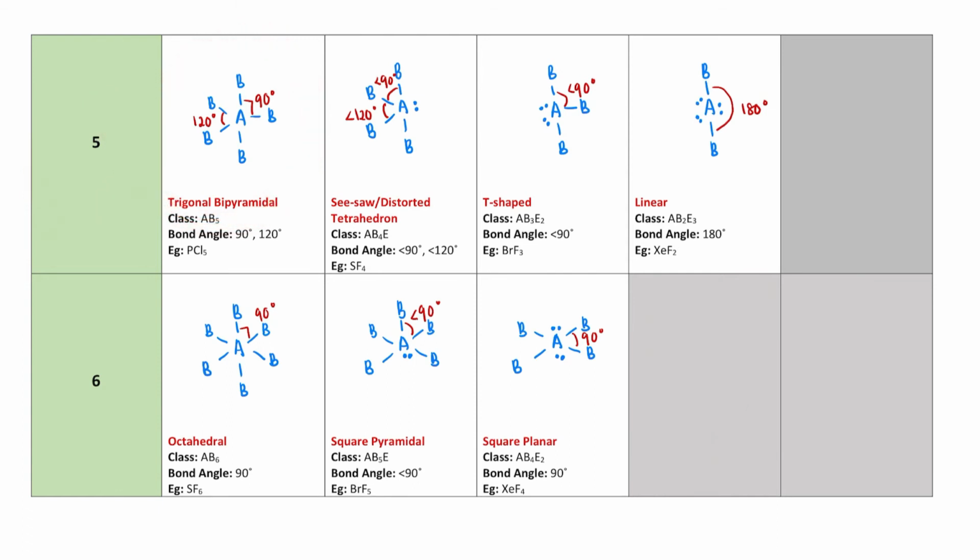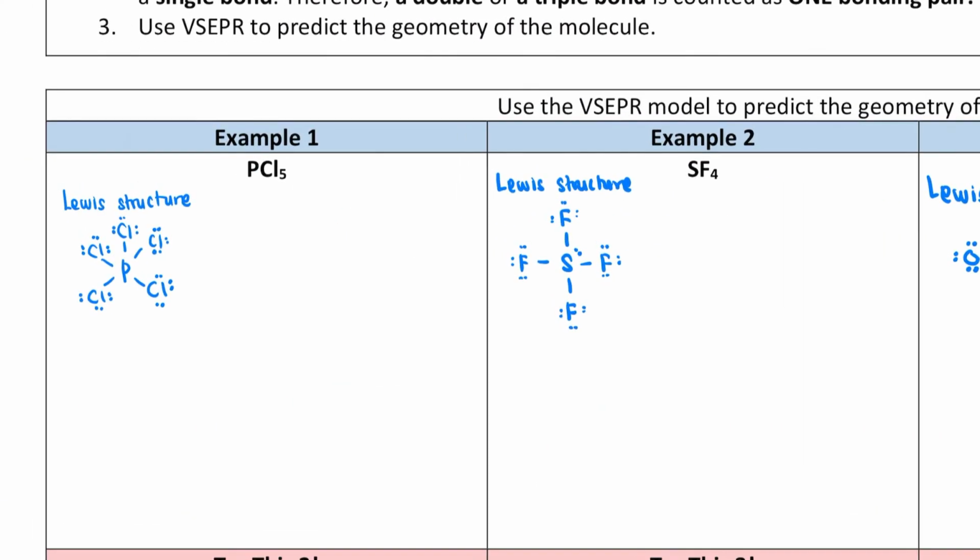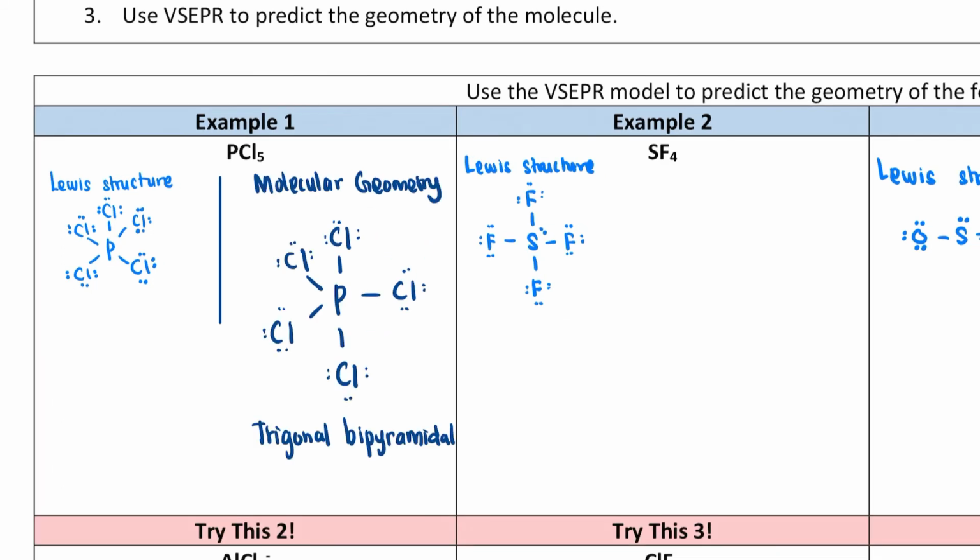Okay, alright, so trigonal bipyramidal kita dah tahu dah shape dia, so kita draw lah dalam bentuk trigonal bipyramidal. Okay, so phosphorus kat tengah, Cl atas bawah satu straight and then buka. Okay, so done, saya dah draw dah shape of PCl5 dalam bentuk trigonal bipyramidal.